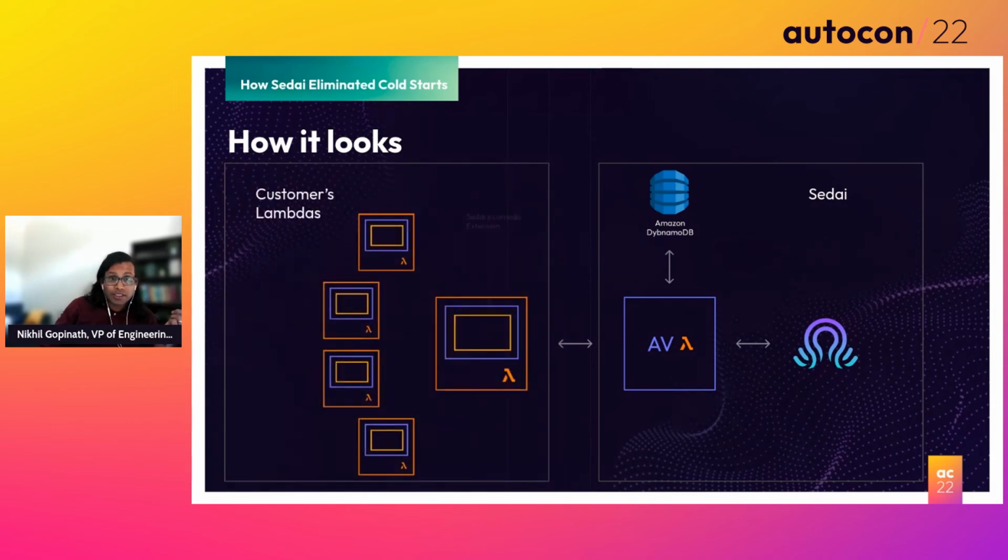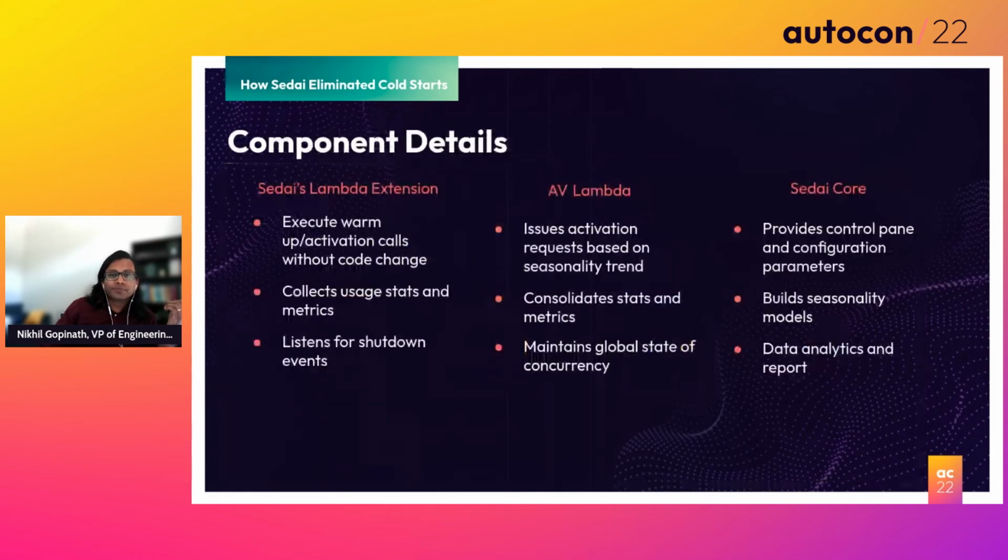The customer Lambda itself is now decorated with Sedai's Lambda extension, and that's it, right? And all these things happen magically once you click that button on Sedai's UI to enable autonomous concurrency. So very briefly, the extension actually handles the activation calls.